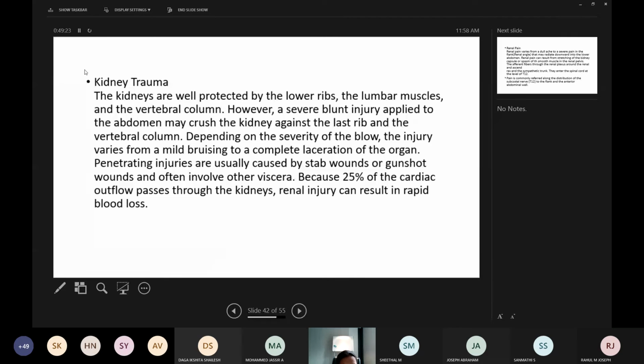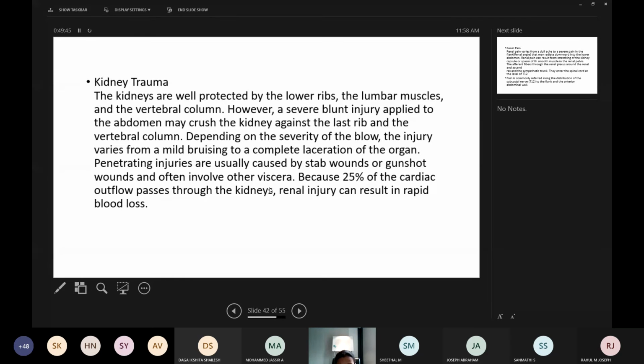Then trauma to the kidney is common. Even stab injuries to the kidney are also common. As the kidney is not contractile, it will bleed profusely. The penetrating injuries are usually caused by stab wounds or gunshot wounds.